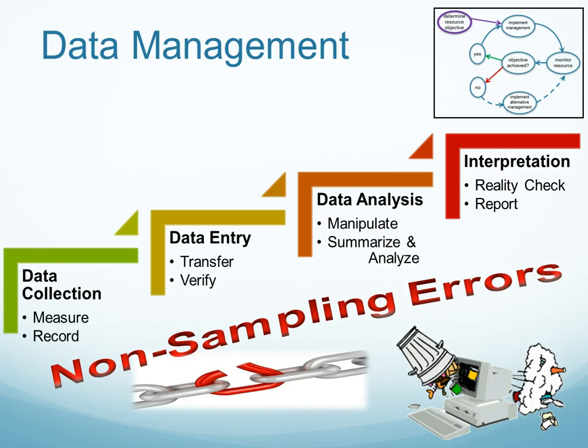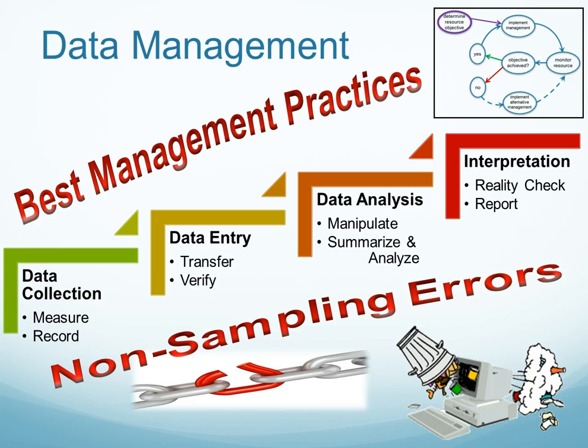So what we're going to be doing now is looking at a few best management practices, a few ideas about things that you can do to help avoid creating non-sampling errors and we want to make sure that we produce data that are credible.